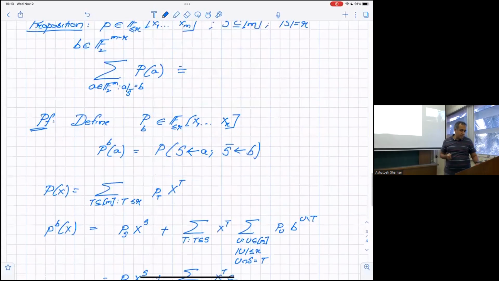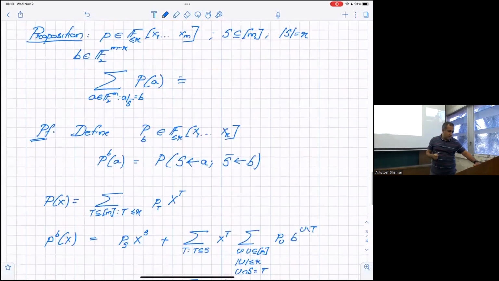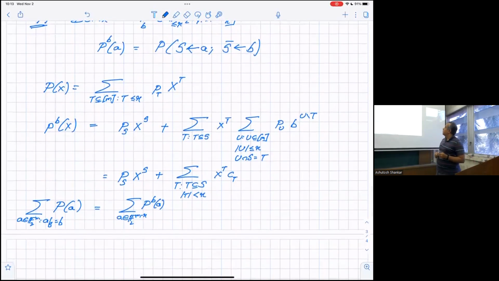So recall this fact. If the whole monomial will sum to 1, everything else will sum to 0. So here, you just get PS. Do people see it?